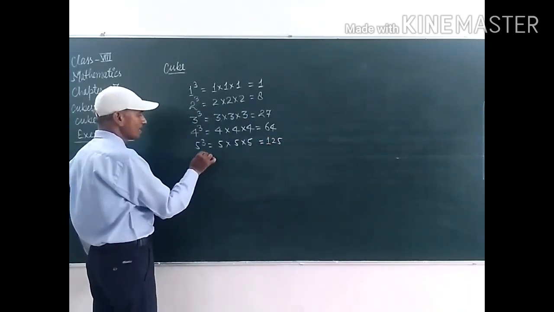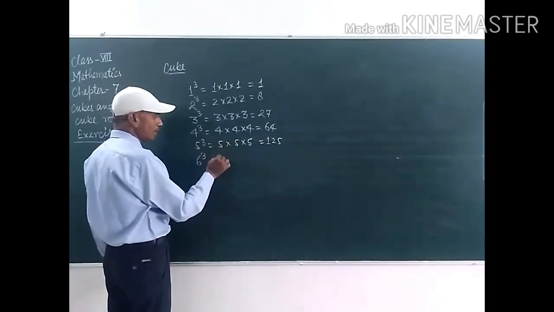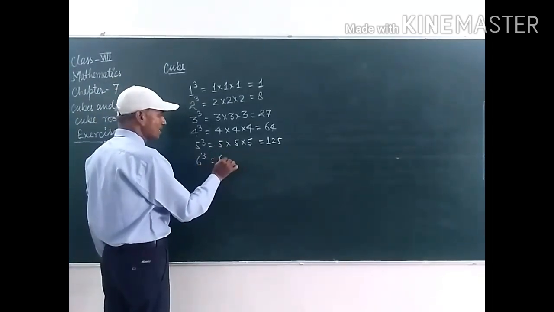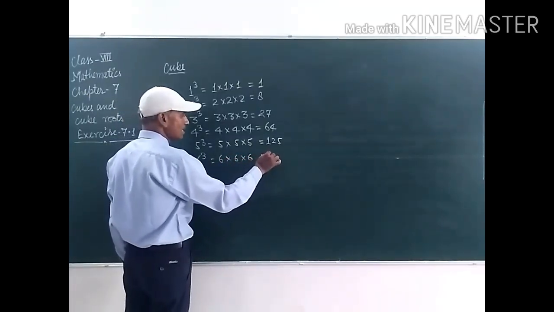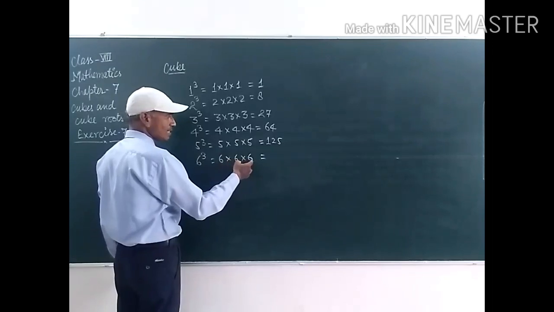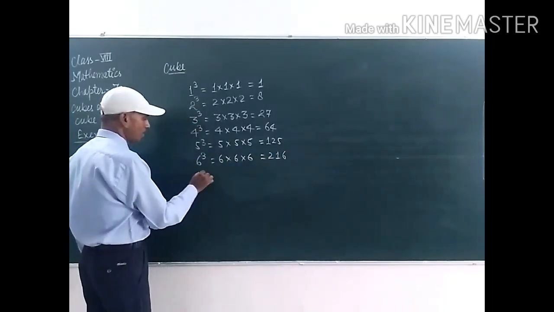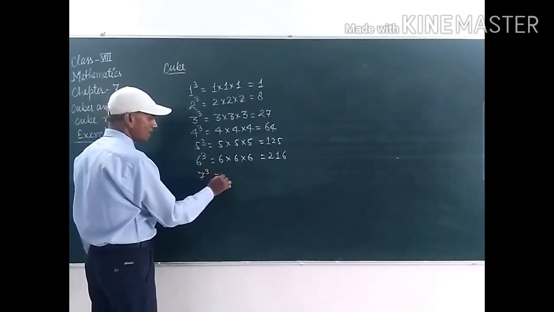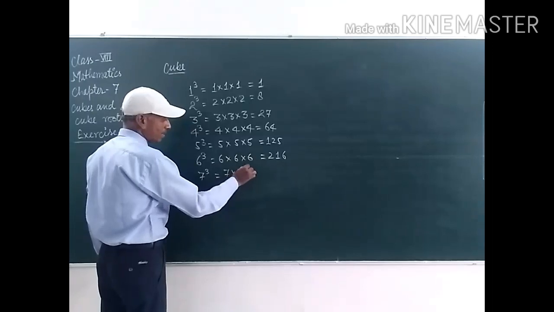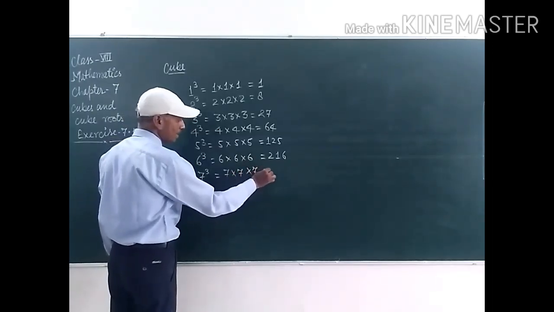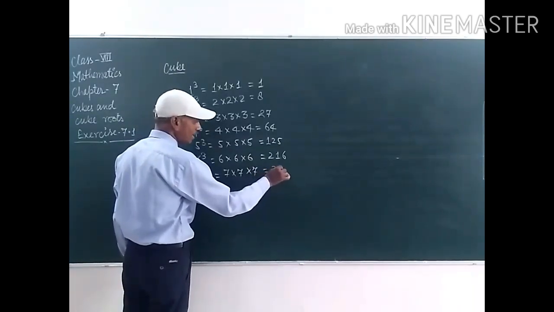Cube of 6 means 6 raised to the power 3, means 6 into 6 into 6, that is 6 sixes are 36, 6 thirty-sixes are 216. Now 7 cube means we have to multiply 7 three times, student. This is equal to 7 sevens are 49, 7 forty-nines are 343.